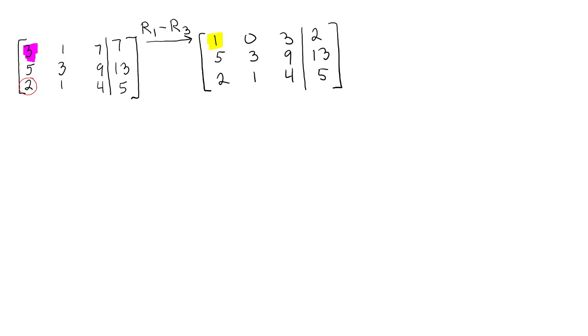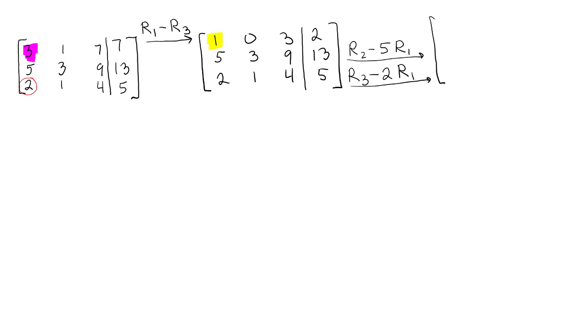And I will do this in one step. I will take the second row and subtract 5 times the first row from it. And then I will take the third row and subtract twice the first row from it.